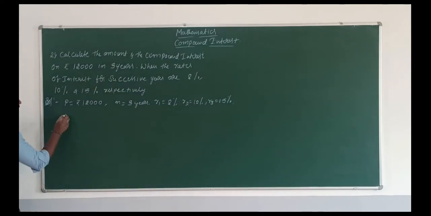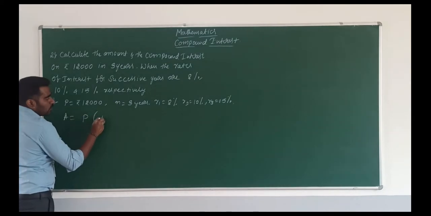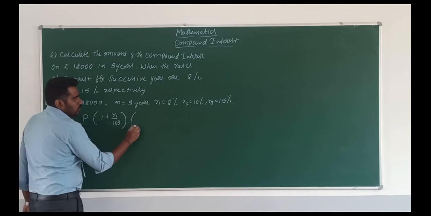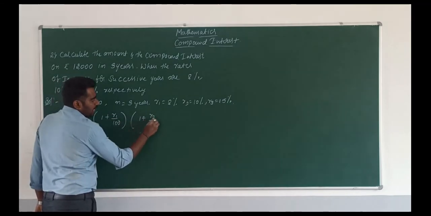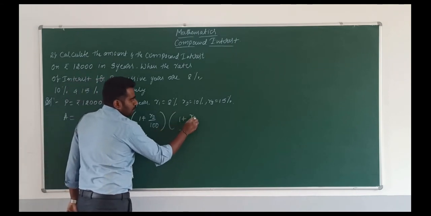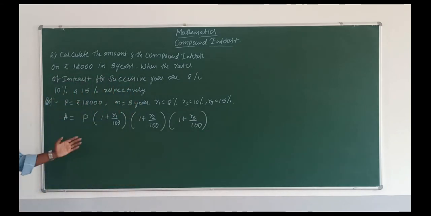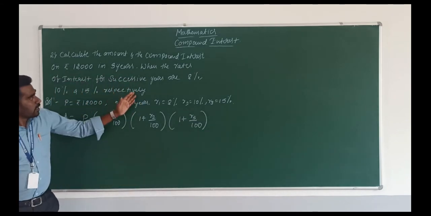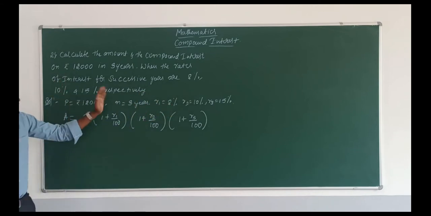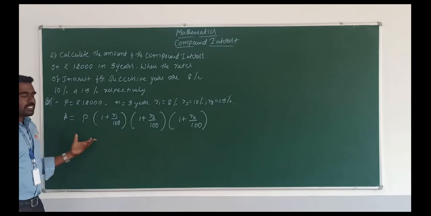So for amount we have one more formula, that is P into 1 plus R1 by 100 into 1 plus R2 by 100 into 1 plus R3 by 100. We take this formula because the rates of interest are different for the successive, continuous years. So for that reason we have to take this formula.